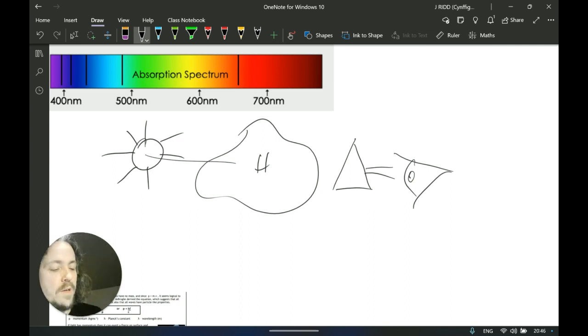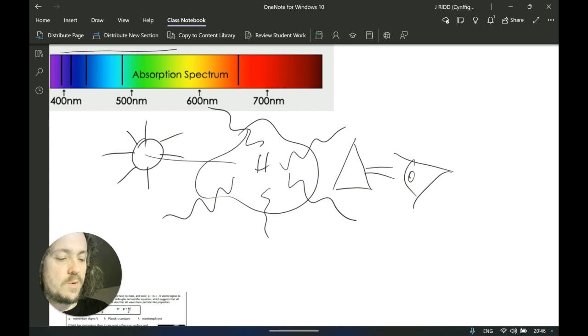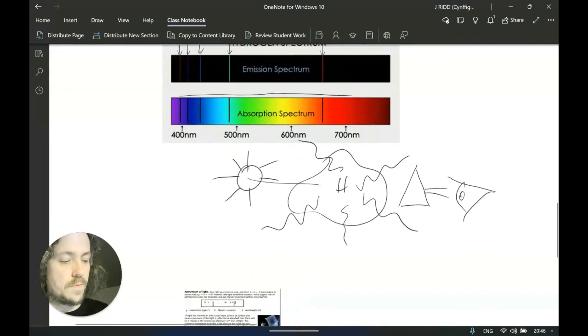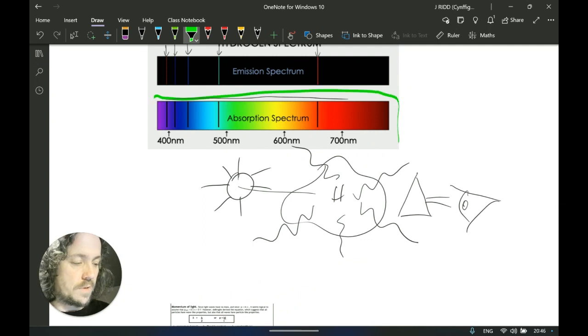But here's the thing. The hydrogen cloud would re-emit those photons in some random direction. Could be slightly in our direction, but more than likely in some random direction. And those photons that have been emitted by the hydrogen gas would therefore be missing from the continuous spectrum that we can see up here. Okay, they would be missing from this continuous spectrum that you can see here.